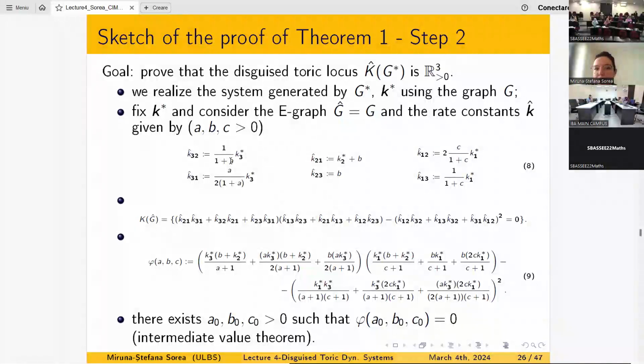And how do we do this? We add up some parameters, so that they cancel out and we get the same ODE system, but this is the new parameterization coming from the G hat graph.